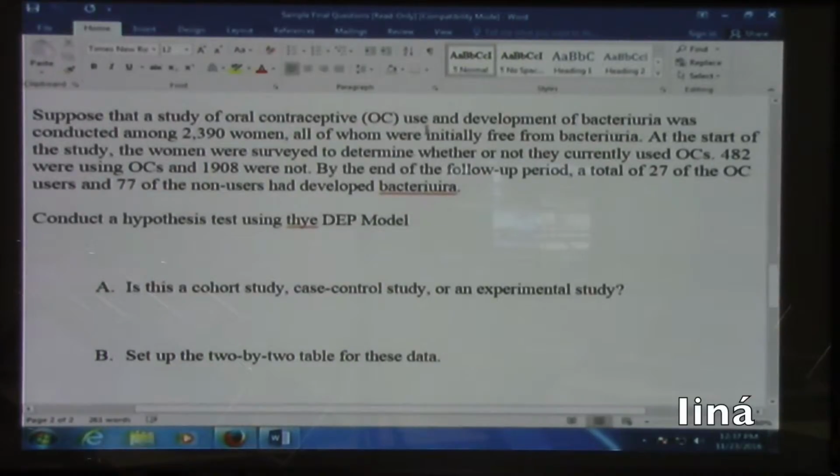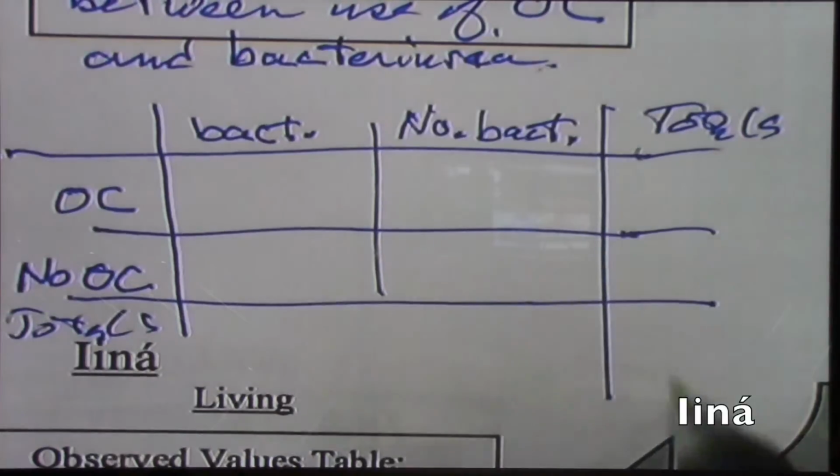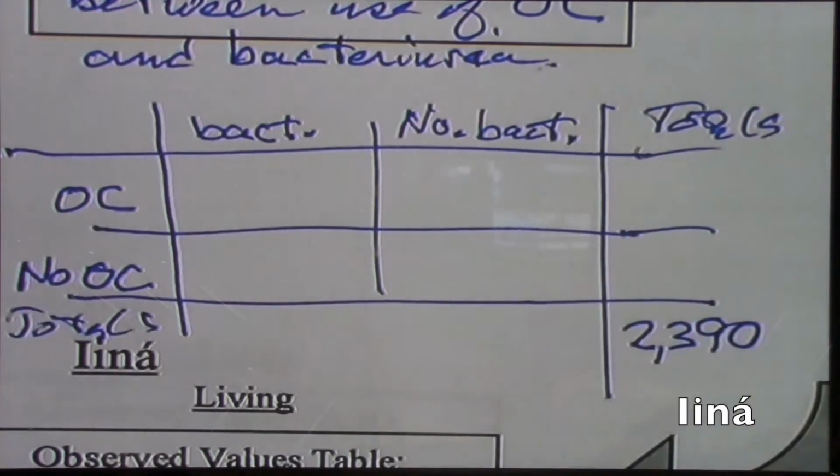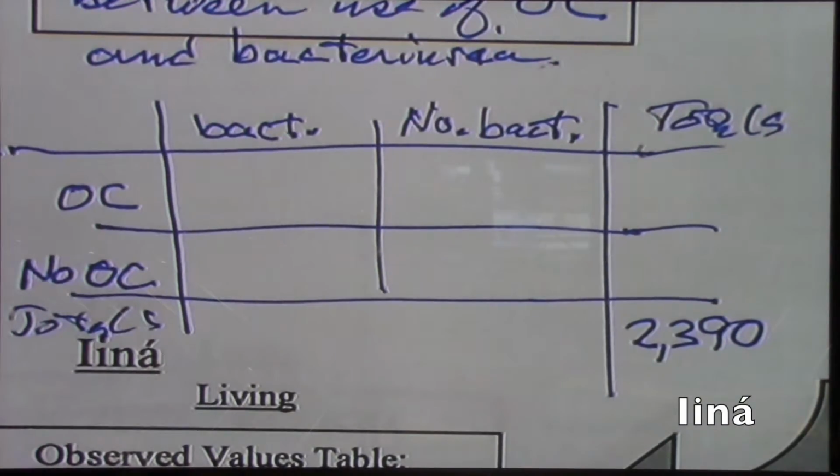Okay, so switching back to the data. It says here that it was 2,390 women all at once. So it's a good idea to fill that in. That's your overall total, the total number of women in the study.